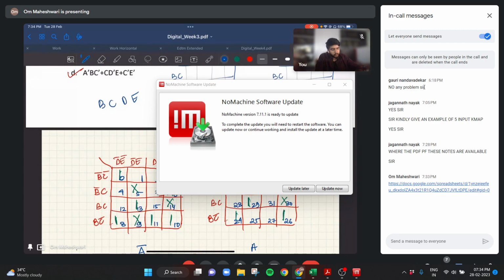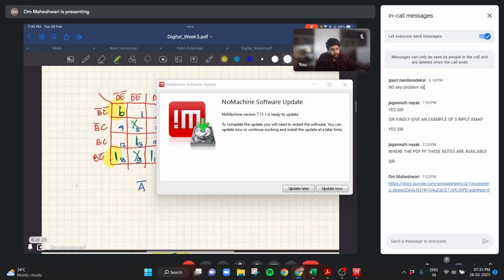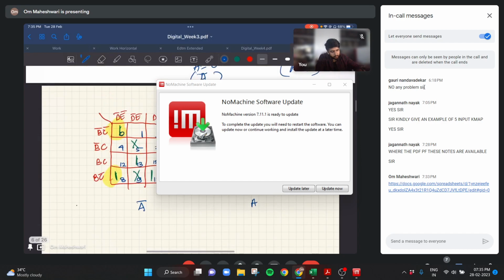Okay. So now we have to make pairs. Here these corners can be combined into one. That is a new thing in how we make pairs. These four and these four can be one single group, and this will correspond to C bar and E bar.